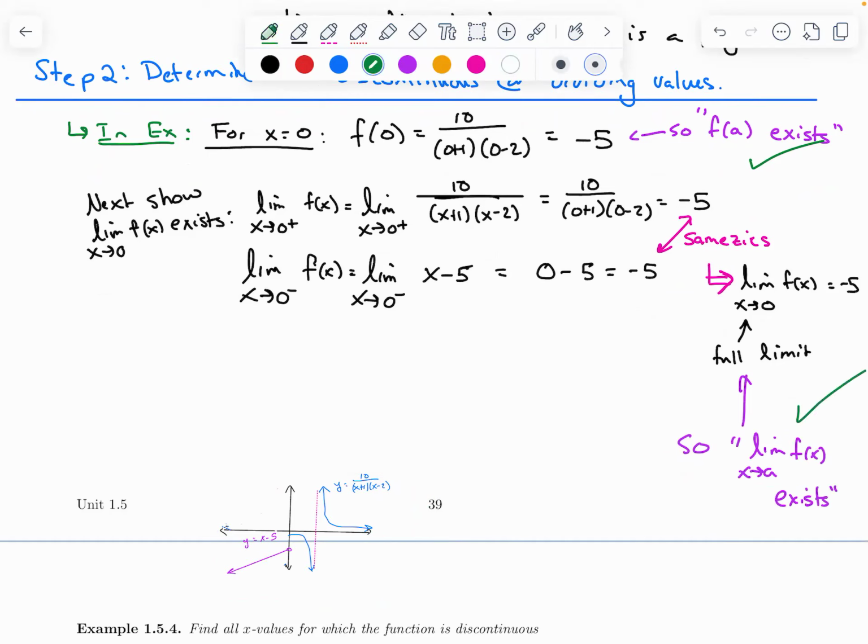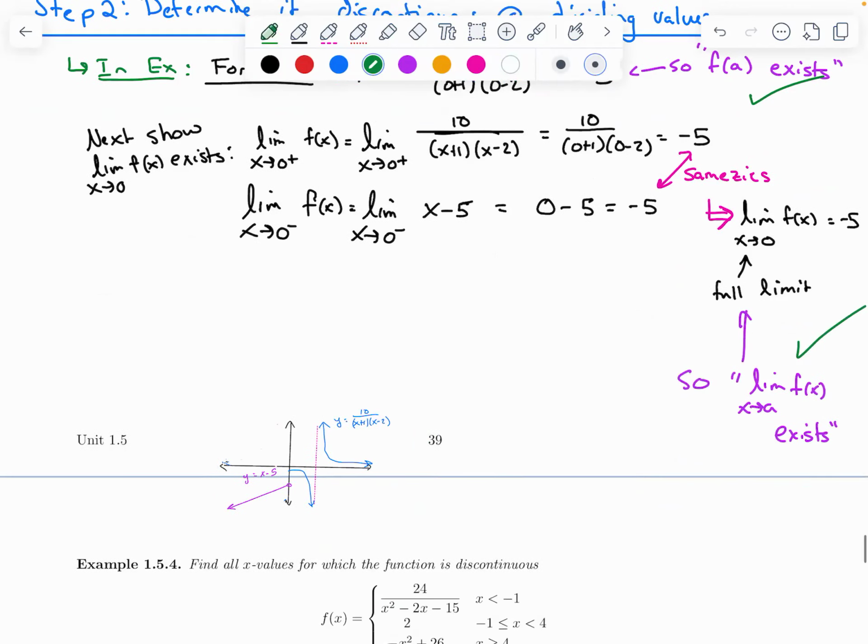The full limit existed, the function existed, and the last thing to do is to show the limit as x approaches 0 of f of x equals f of 0, which equaled -5. So f is continuous at x equals 0.